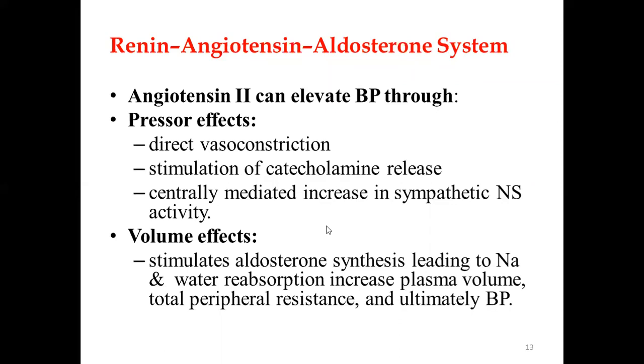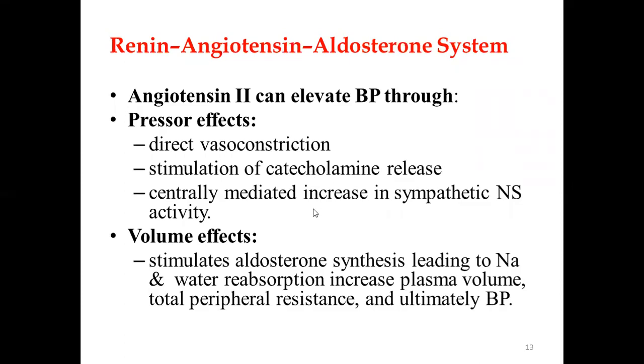Remember, blood pressure is a product of total peripheral resistance and cardiac output. So any endogenous factor or any physiological change that can increase the blood volume or cardiac output and the total peripheral resistance can directly or proportionally increase the blood pressure in the body system.